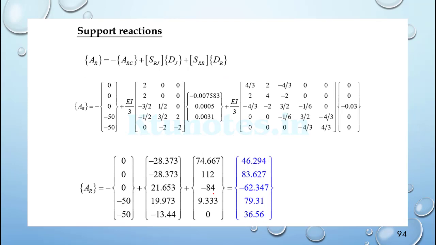And also the support reactions Ar is equal to minus Arc plus Srj into Dj plus Srr into Dr. Substituting Arc, Srj into Dj and Srr into Dr will give you the value of Ar as 46.294, 83.627, minus 62.4347, 79.31, 36.56.